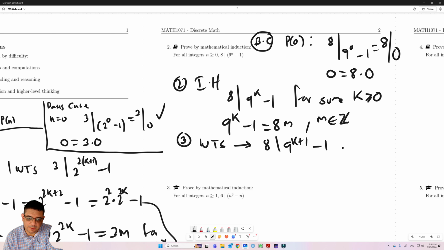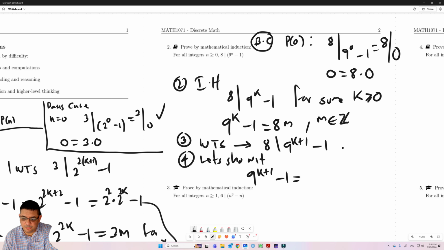And so step 4, let's show it. 9 to the k plus 1 minus 1 can be seen, as you would expect, as 9 times 9 to the k minus 1. Now I can transform this 9 to the k into 8m plus 1.